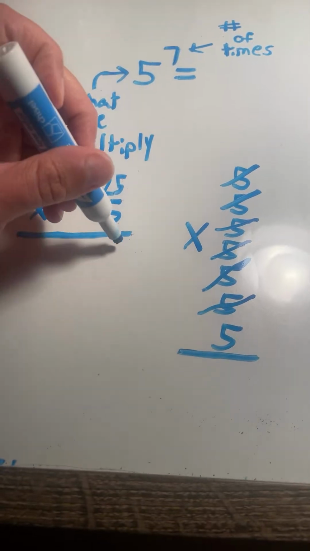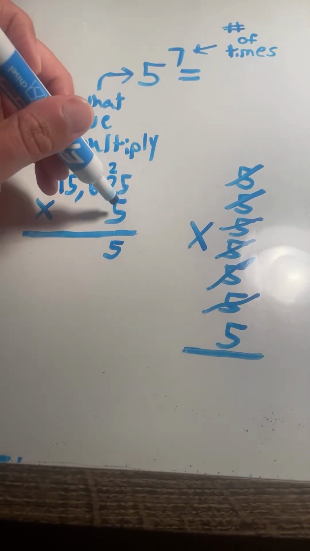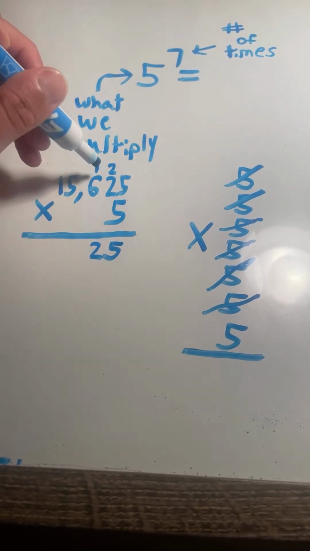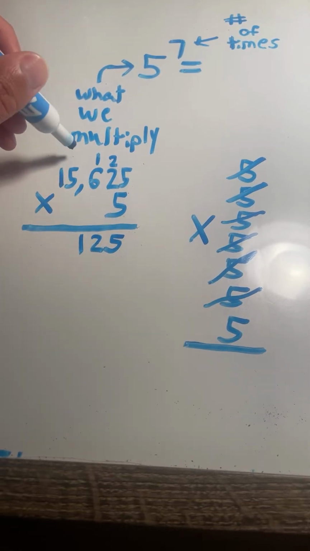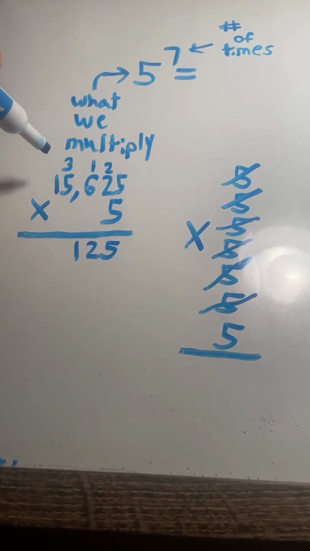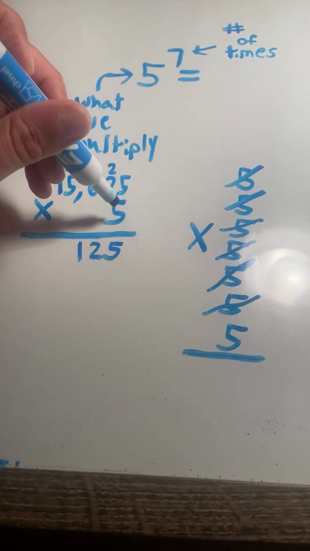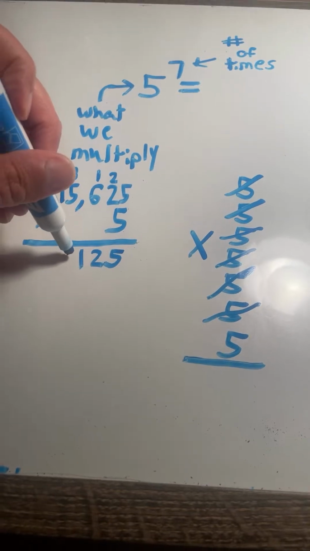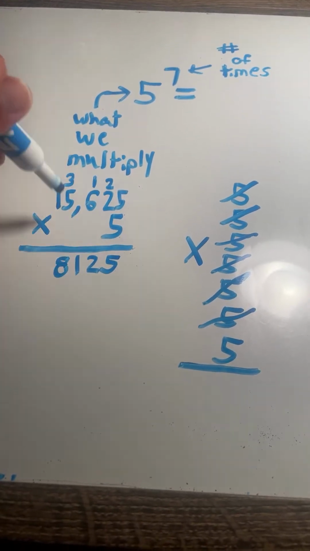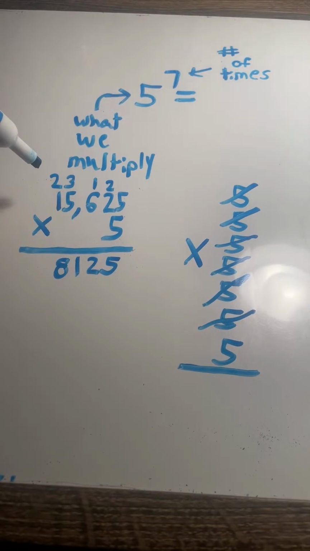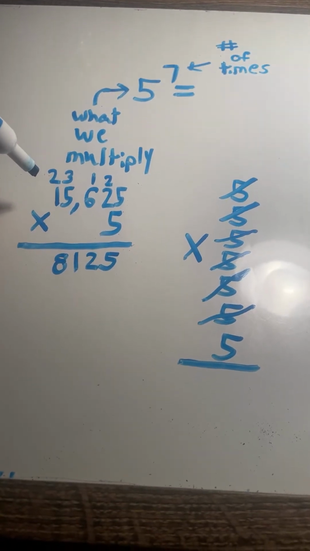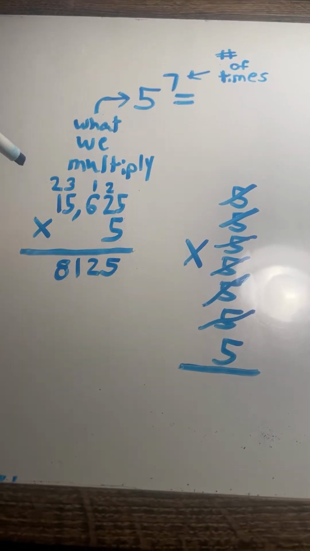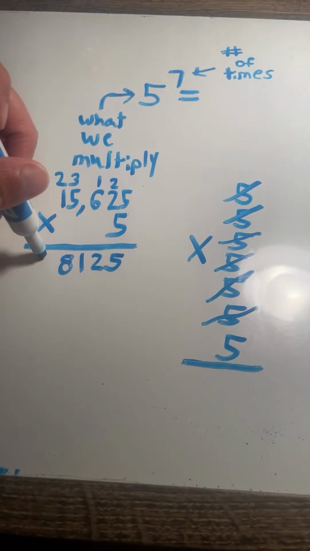5 times 5 equals 25. 5 carry the 2. 2 times 5 equals 10, plus 2 equals 12. 2 carry the 1. 6 times 5 equals 30, plus 1 equals 31. 1 carry the 3. 5 times 5 equals 25, plus 3 equals 28. 8 carry the 2. 1 times 5 equals 5, plus 2 equals 7.